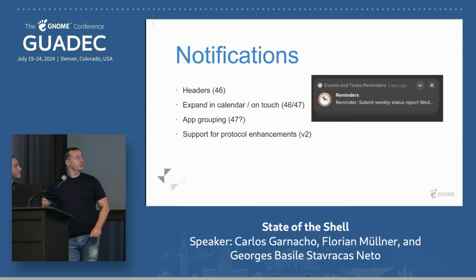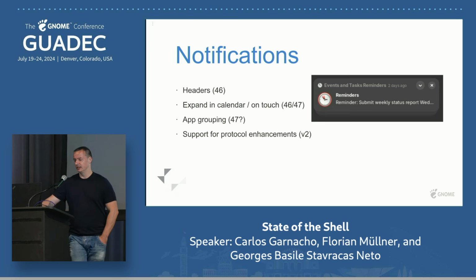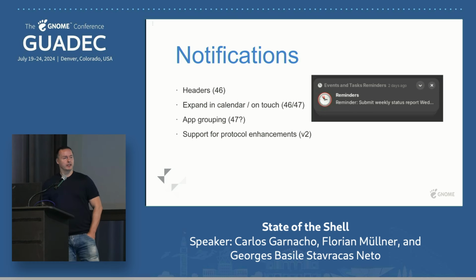So starting with notifications. That is an ongoing process. It was on the design team's wish list for a long time, and it's finally happening thanks to Sovereign Tech Fund funding. Part of it is already in 46. What is mentioned here are the user visible changes. There was also a lot of refactoring and API changes involved.